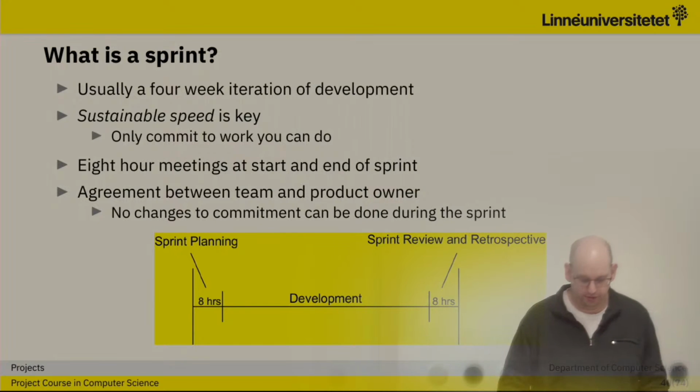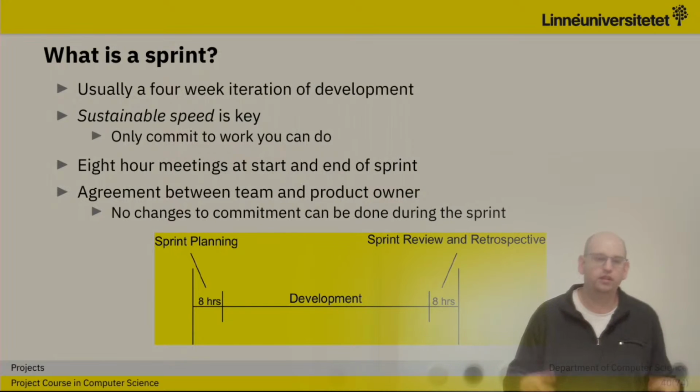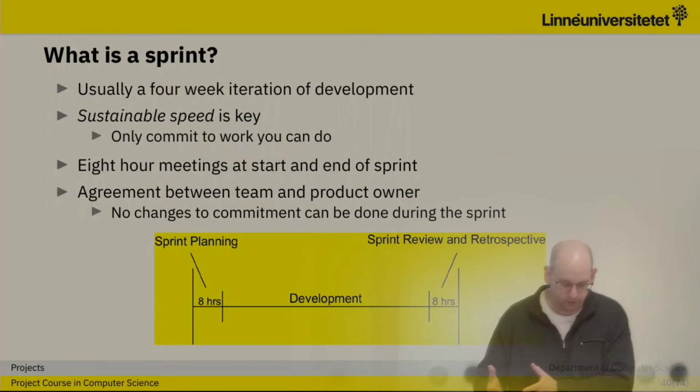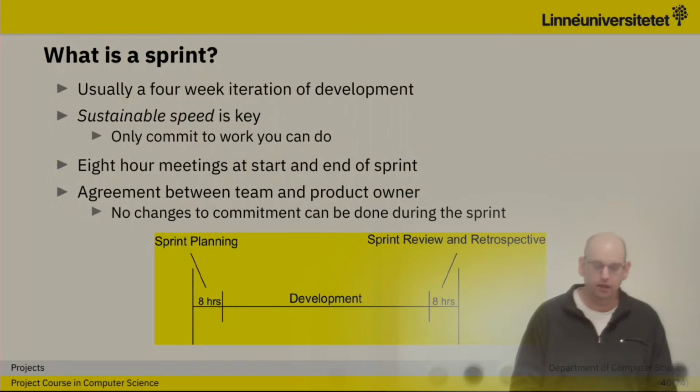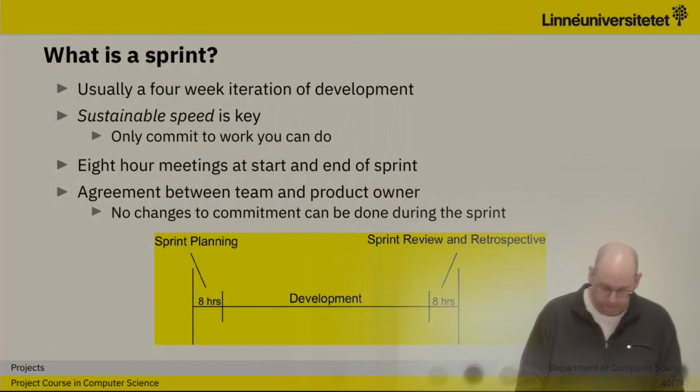It says here 8 hours meeting at the start and the end. We will not have that long in this course, but the idea is that we put a lot of effort in the beginning to plan the sprint so we know what to do, and also have review and retrospective afterwards so that we catch all the things that we've done.